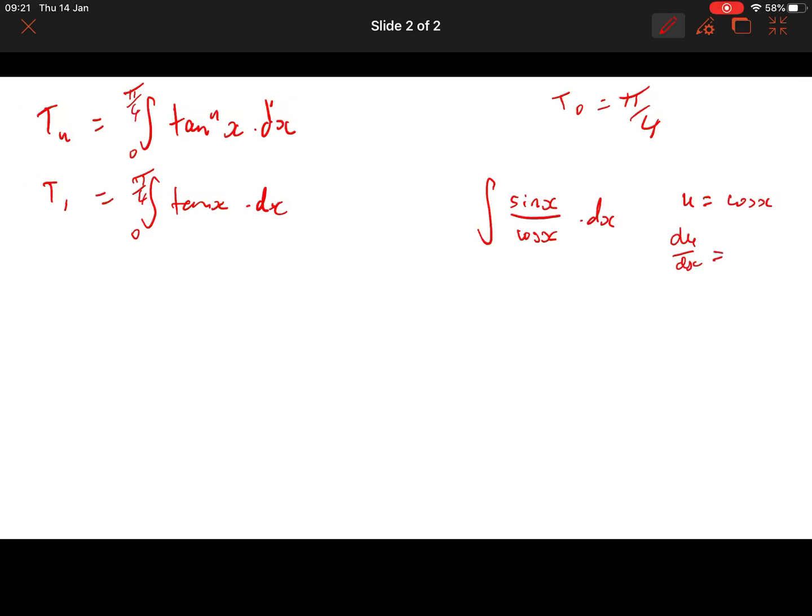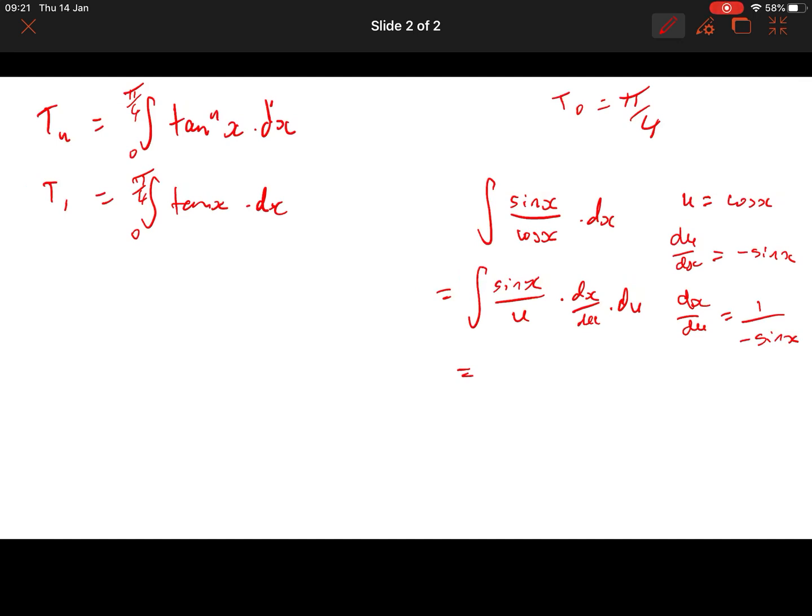So du dx equals negative sine x, dx du equals 1 over minus sine x. Okay, so now we can integrate sine x over u, employ the little trick.